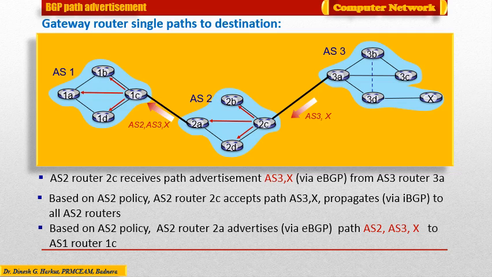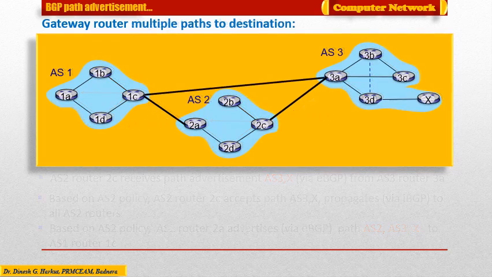This is a scenario in which the source AS1 has only one single path to the destination. Now we will see another scenario wherein we assume that there are multiple gateway router paths to the destination.